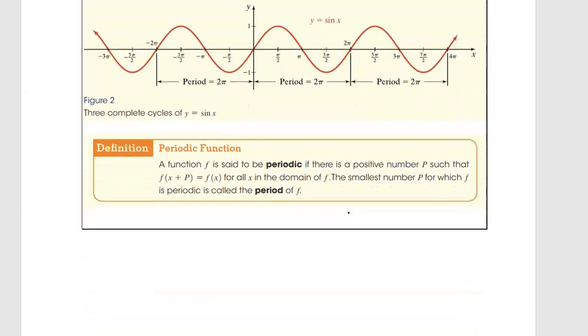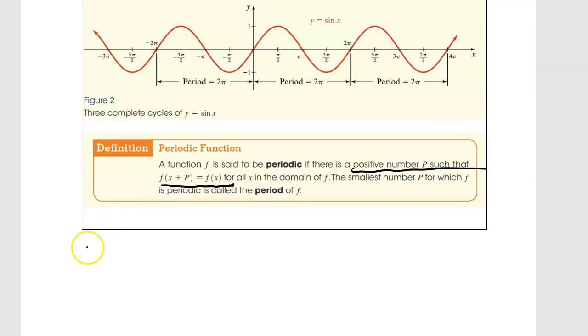Okay, so let's talk about this repeating every 2 pi. This is what's called a periodic function. A function is periodic if you can add some positive number, p, such that f of x plus p is equal to f of x. And this is the same thing that I actually just did, right?